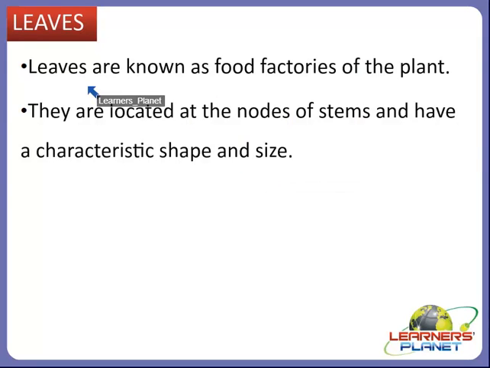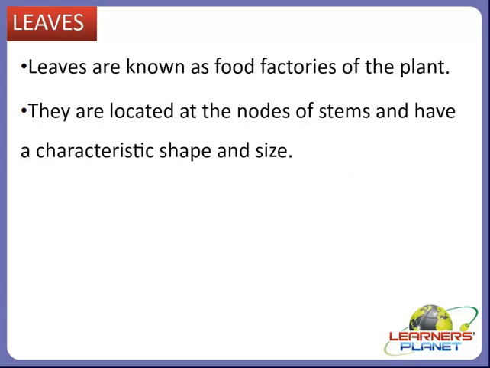Yes, leaves are known as food factories of the plant. They are located at the nodes of stems and have a characteristic shape and size. So we see many various types of plants around us, but do all the plants seem same? No, they are not all the same.